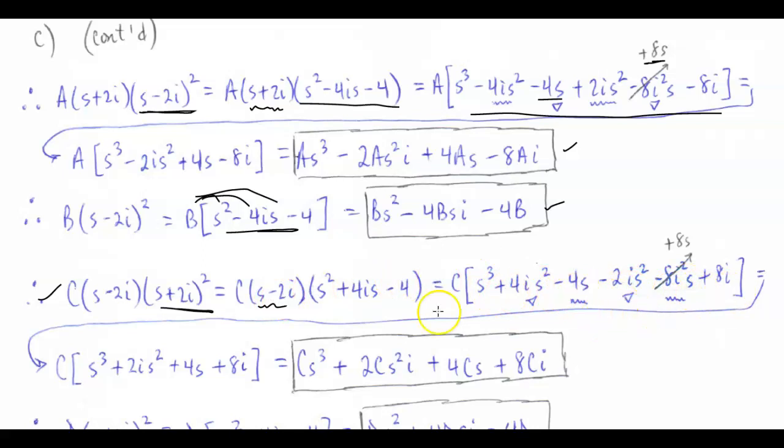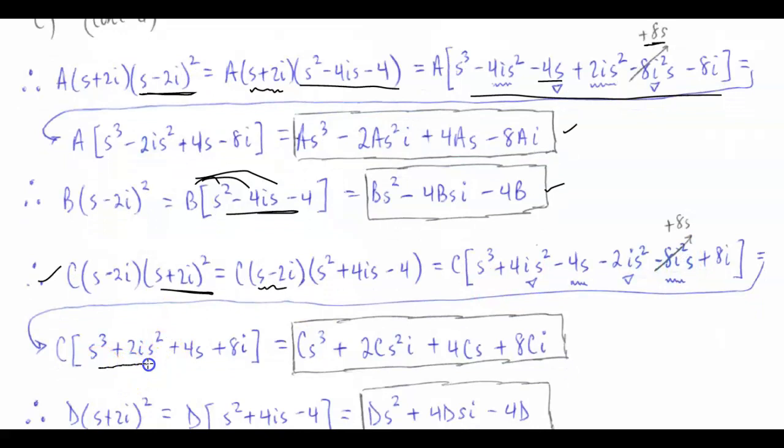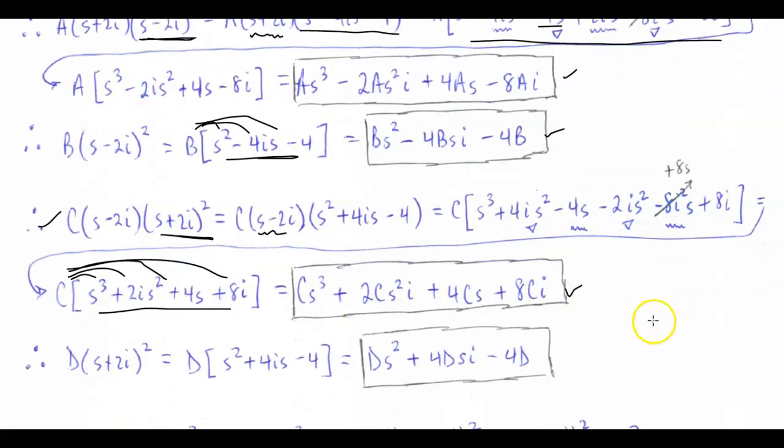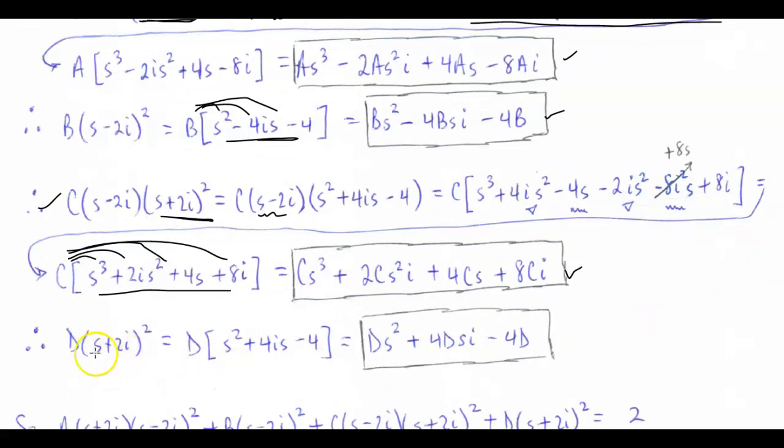Then simplify what we can. Where we have i squared, we make sure it's -1. You see we get something very similar to what we had before. Then distribute the C to all 4 terms here, and we get this result. And finally, the last term, D, we just FOIL it out and distribute D to all 3 terms here, and we get this result.